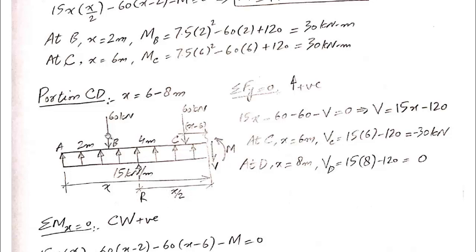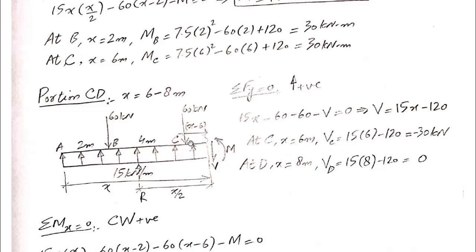And what about the distance between the 60 kilonewton force and the location of resultant? The part of the beam present on the left side of this force is 2 meters. Total length is X. So the distance between this 60 kilonewton load and the section is X minus 2.